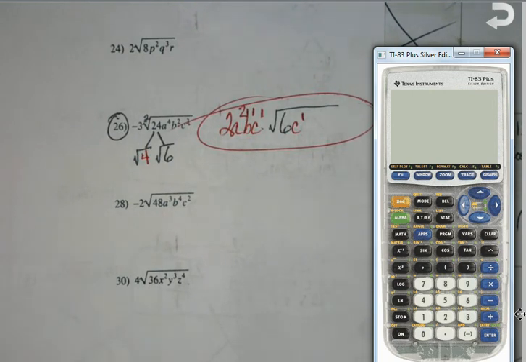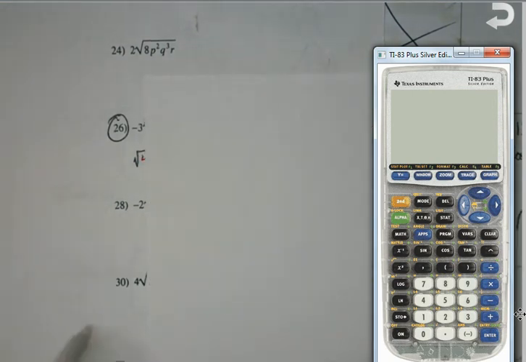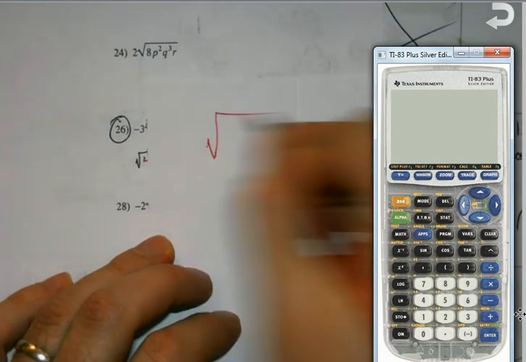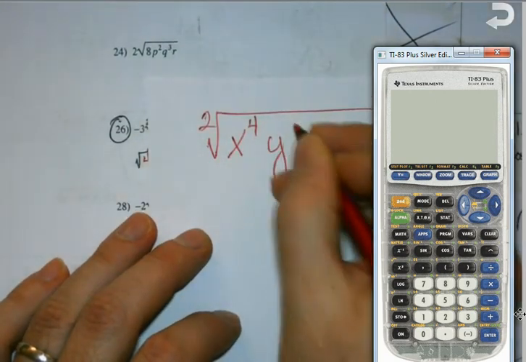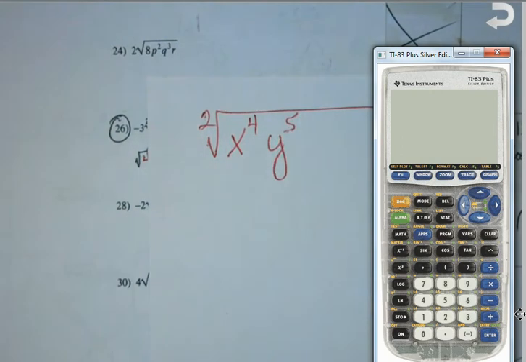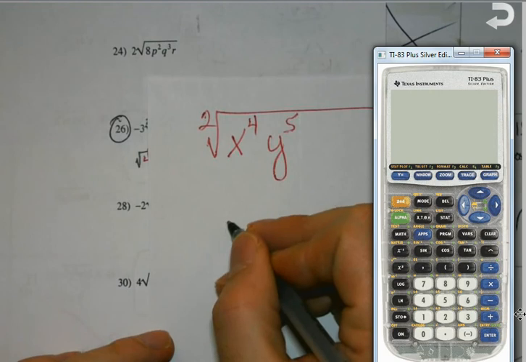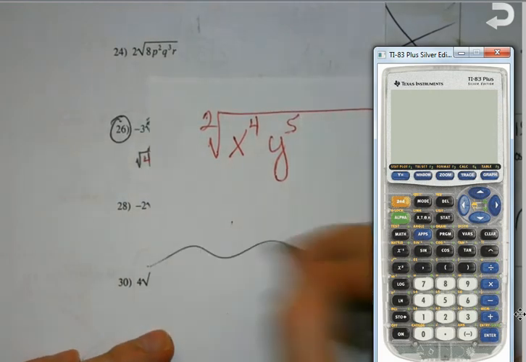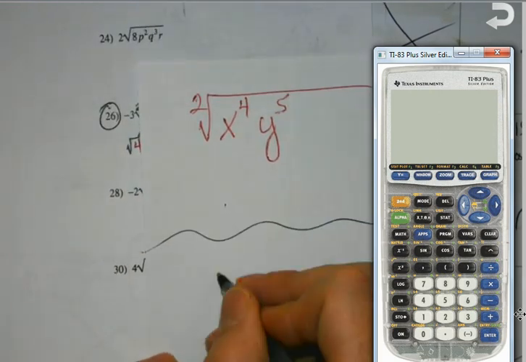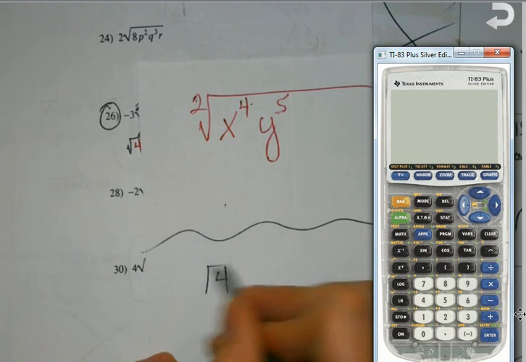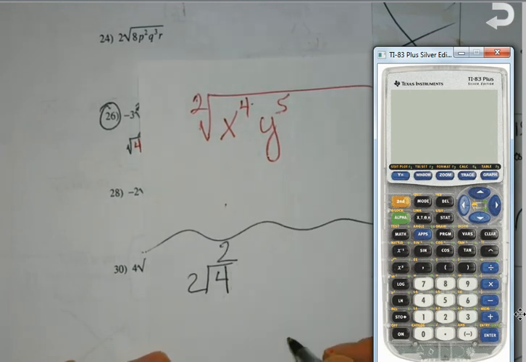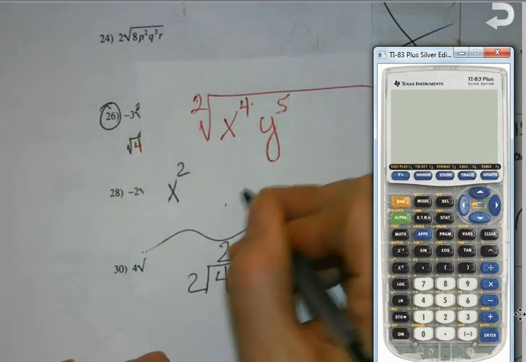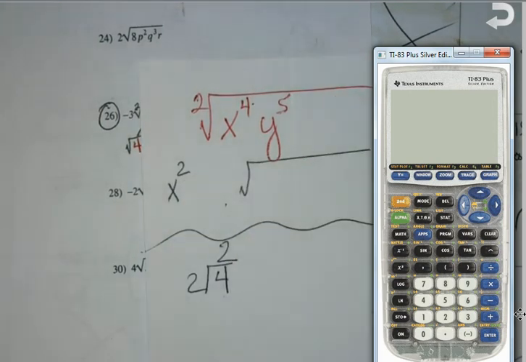Here, let me pop something up that's just got variables for a second. See if this helps. So for instance, let's say this is what I had. What you do when you're trying to solve these is you say, okay, take my exponent, divide it by 2. However many times it goes in, that's my exponent on the outside of the radical.